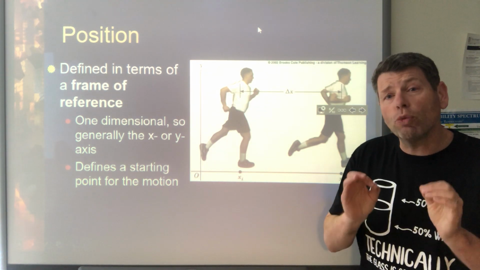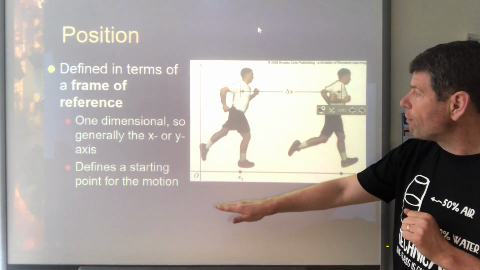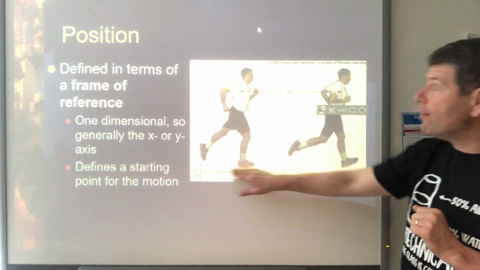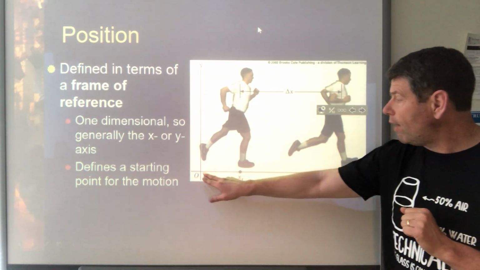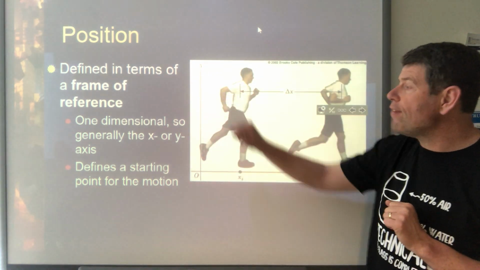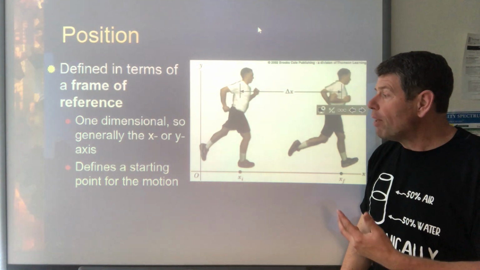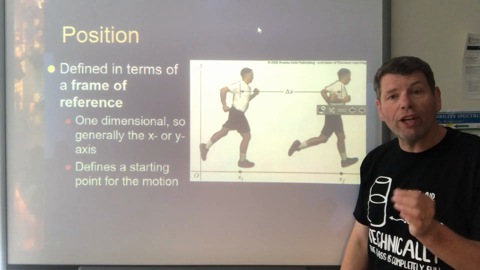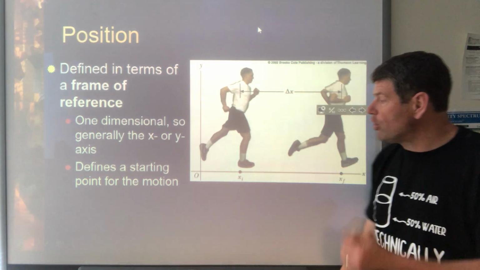That's how important direction is. Now, often we might use a grid to give a position. So we could use an X value if we're on the horizontal axis, or we could give a Y value if you're on the vertical axis. But you always need some kind of starting point, that frame of reference, to give your position.